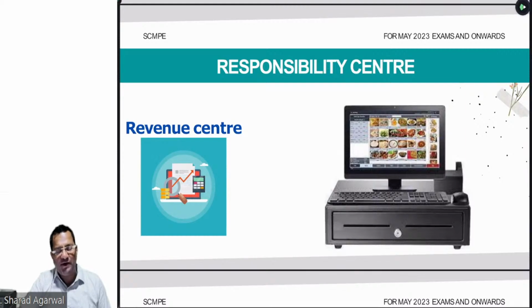Tell me something different, beta. Can you give me an example of a government department where such persons or a group of persons are considered as the revenue center? No, Dikshit. A Bata outlet, beta, it's better to consider as a profit center. We will study after a few minutes that there is also a responsibility to generate the profit. So a Bata outlet will be a profit center rather than a revenue center.